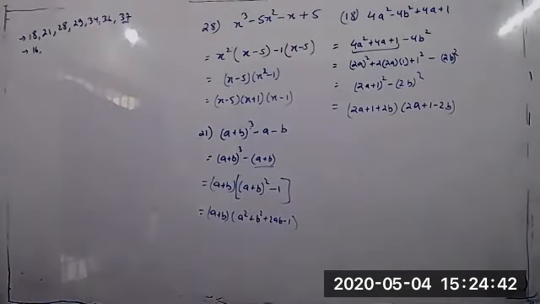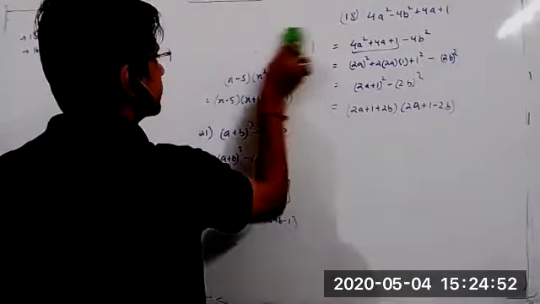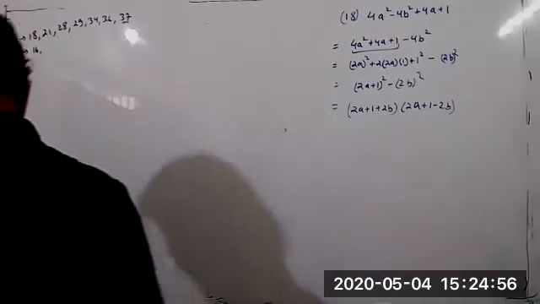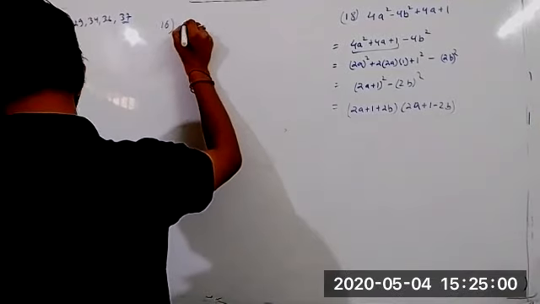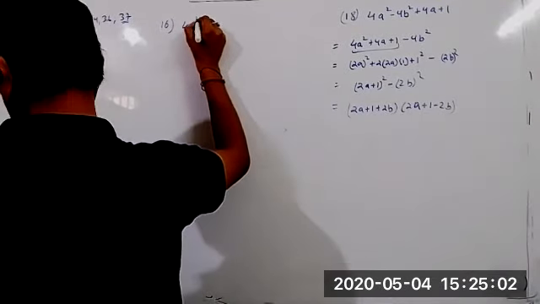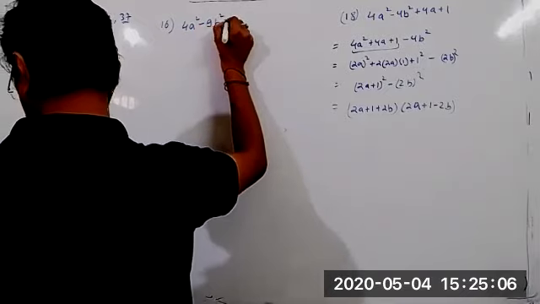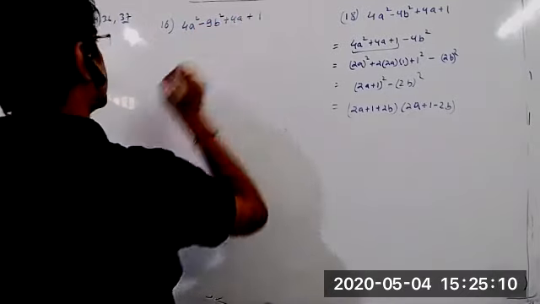Good, Prithvi. 18 done. 16th question: 4a square minus 9b square minus 4a plus 1.